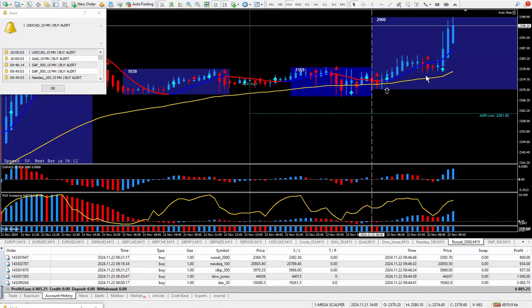And when you get the signal that the up move is coming to an end, then you can just go again to where your money is, different broker, and then just close out the trade.